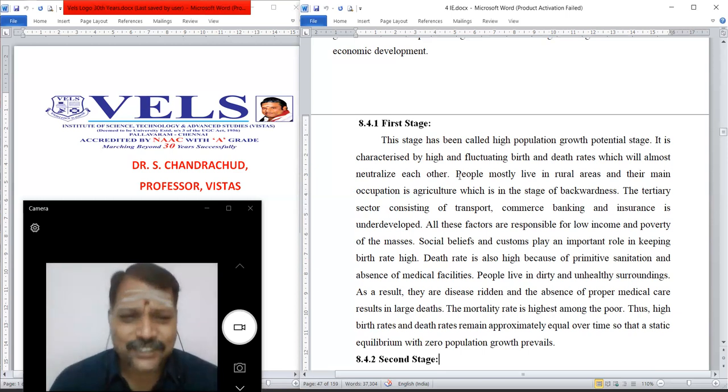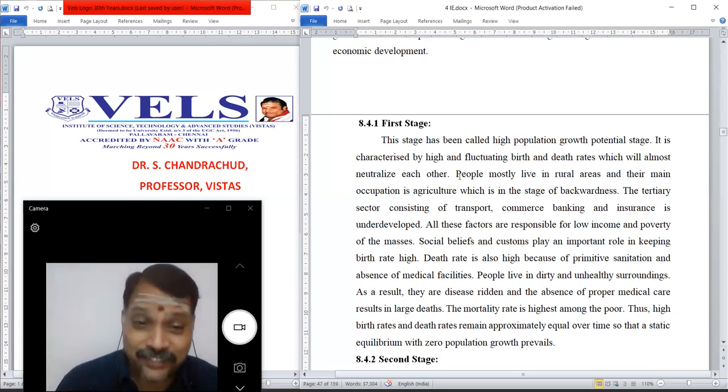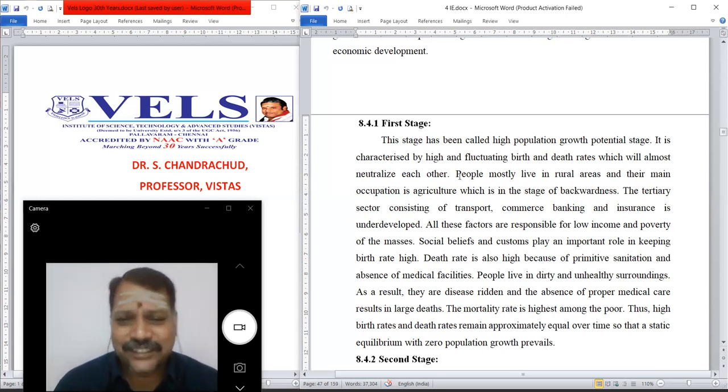Social belief and custom play an important role in keeping the birth rate high. Death rate is also high because of primitive sanitation and the absence of medical facilities. People live in dirty and unhealthy surroundings. As a result, they are disease-ridden, and the absence of proper medical care results in large numbers of deaths.